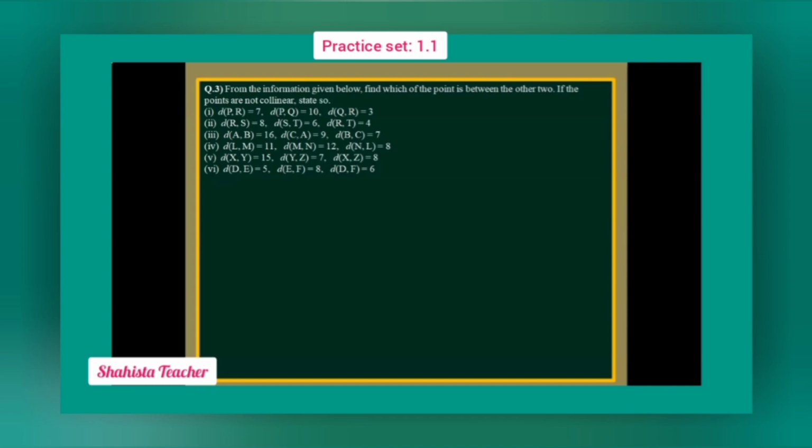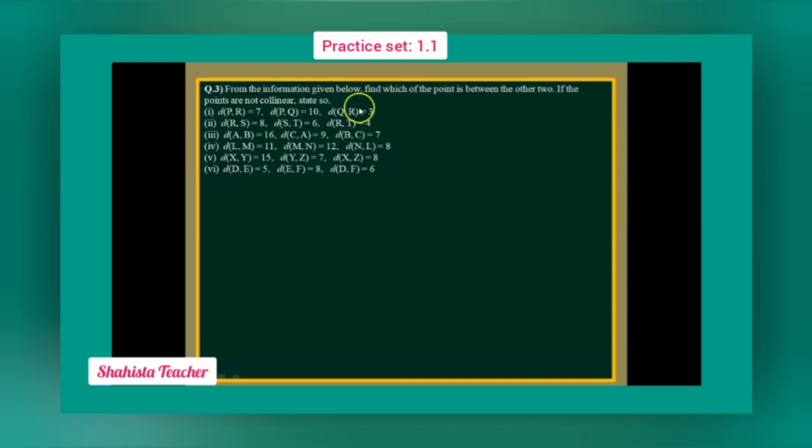Is that clear? Now here, PR is equal to 7, PQ is equal to 10 and QR is equal to 3. This value is given. Now what we have to do is add the two smaller values. 7 and 3 are the smaller numbers. We have to add them and check whether we get 10 or not.